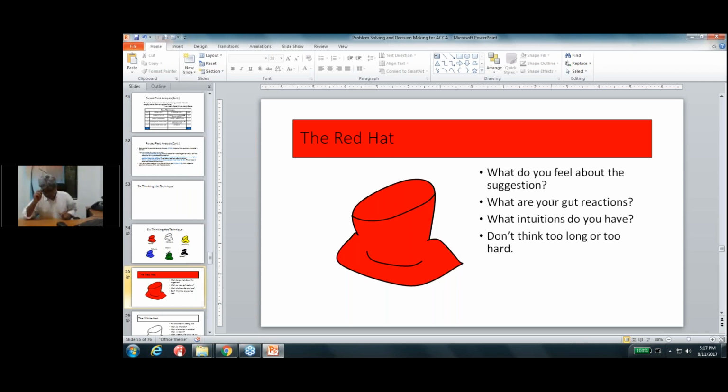In some cases, when we decide that we are going to do this, what will happen? What does your gut say, right? Some say, yes, I think it's a very good idea. Some say, yes, by implementing this decision, we will be able to get our objective, whatever the case may be. So this is the feeling that you have attached to the decision.